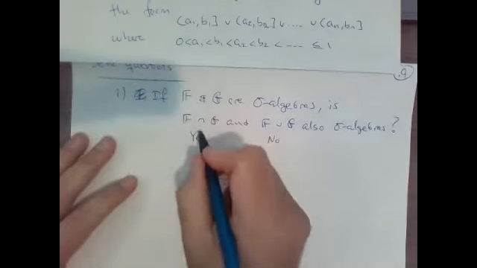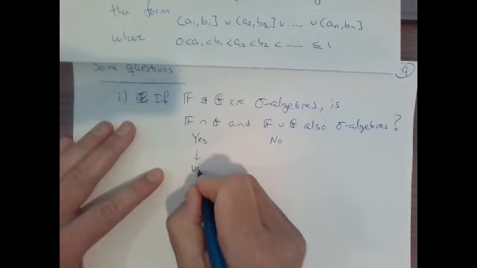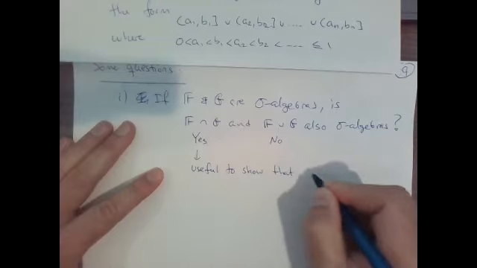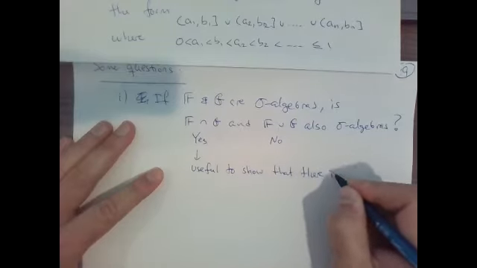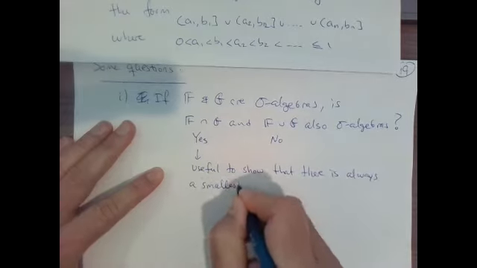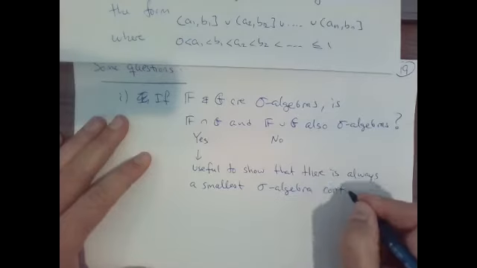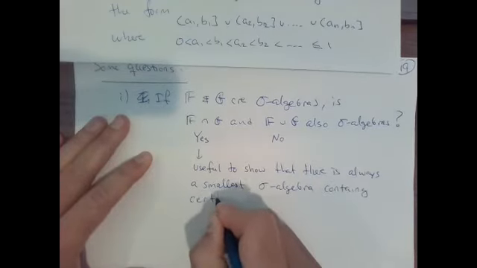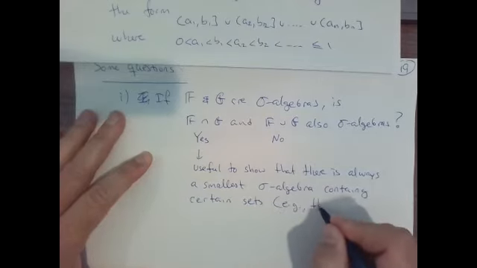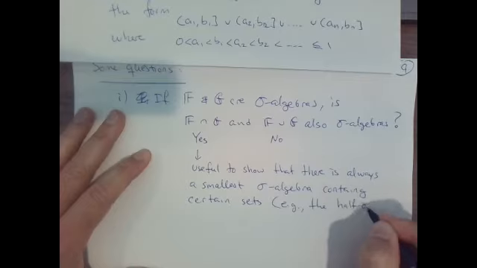And this intersection property is really useful to show that there's always a smallest sigma algebra containing certain sets, for example, the half-open intervals.